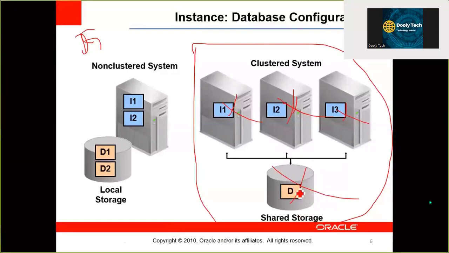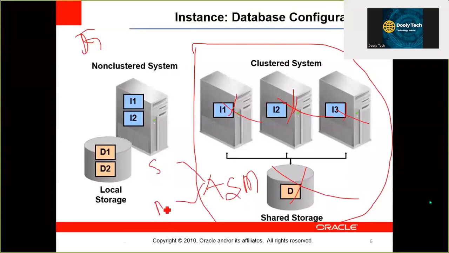To protect the disk, and for its scalability and performance, there are many techniques and technologies. But from the Oracle side, Oracle uses something called ASM, Automatic Storage Management, which gives you striping and mirroring.